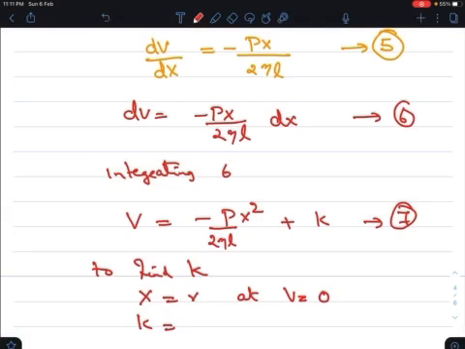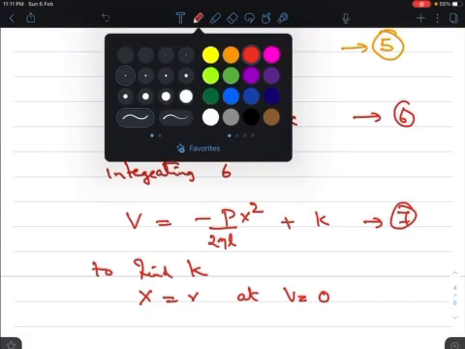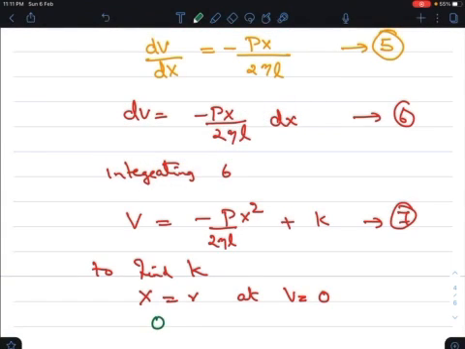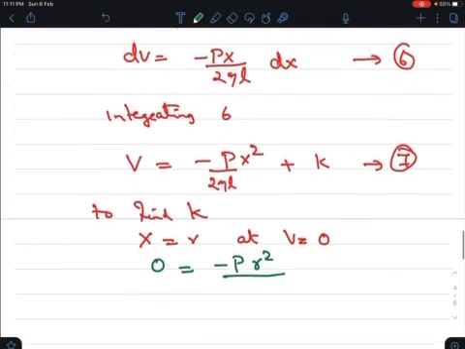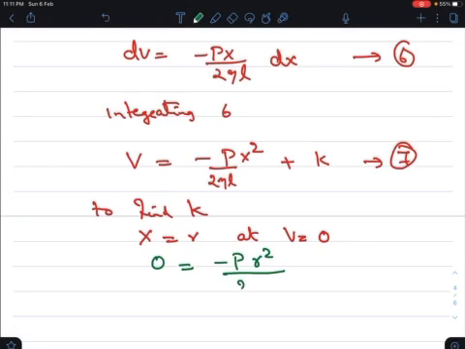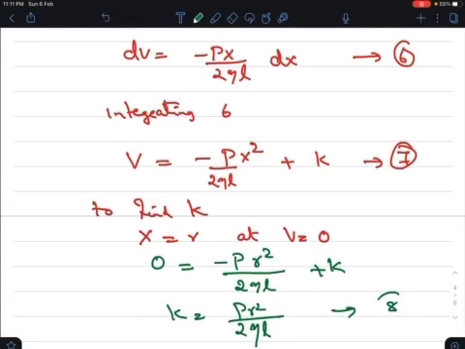So I'll just write that way. V is equal to 0 is equal to minus P into, for x, you write r, so r square divided by 2 eta L plus k, or your k is now equal to P r square divided by 2 eta L. That's my equation number 8.